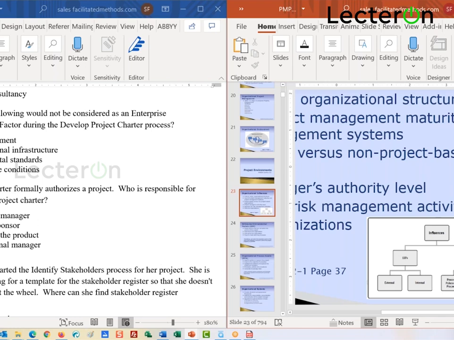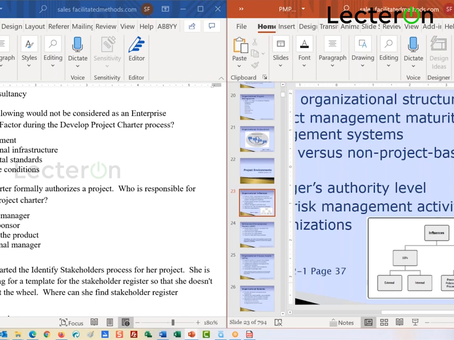It would be okay, Daniel, you're right. Organizational infrastructure is considered a policy or procedure, but it's external to your project. It's internal to the organization, but it's external to your project.